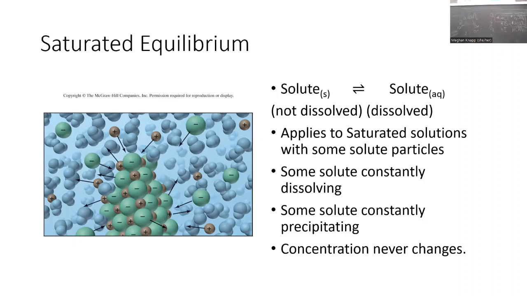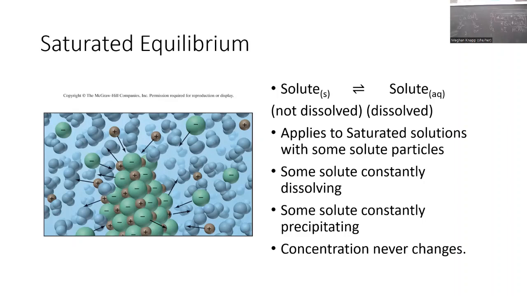And so this applies to saturated solutions when there are some solute particles. Normally we would think of this as, oh, there's a little bit of the solid on the bottom. We know not all solutions involve a solid in water, but let's just use that as our example. So we had this same image and we said most of these ions were dissolved, but we have this solid particle here.